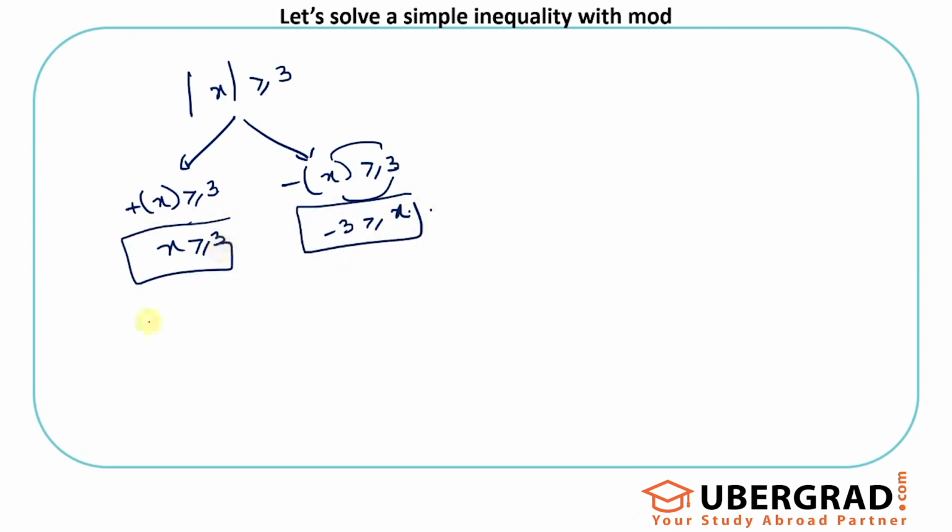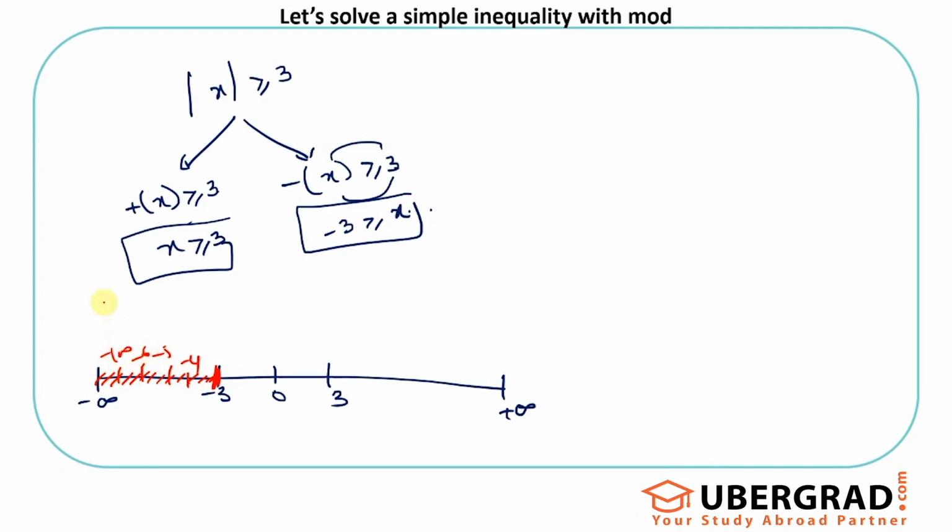So if I have to understand, let me draw a number line to show you what I am talking about. This is minus infinity, this is plus infinity. So I have 3, then I have, let's say, 0 here and minus 3 here. What this inequality is saying is that it is satisfied for all of these values, because x is less than or equal to minus 3. x can be minus 4, minus 5, minus 6, minus 100 and so on, or x can be greater than or equal to 3.